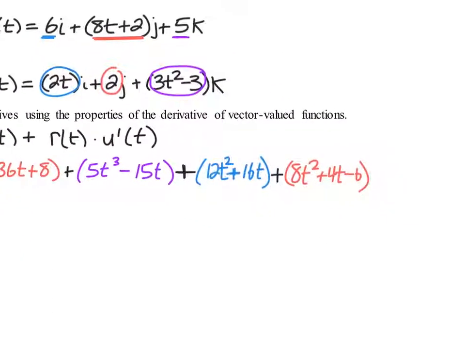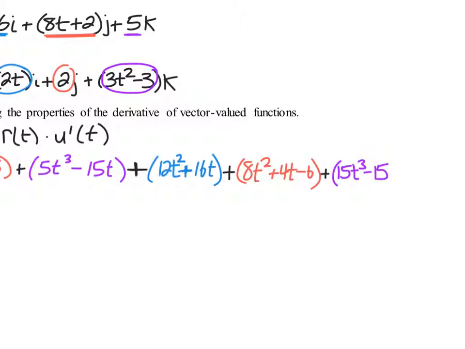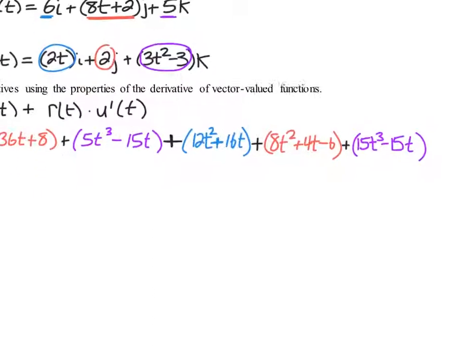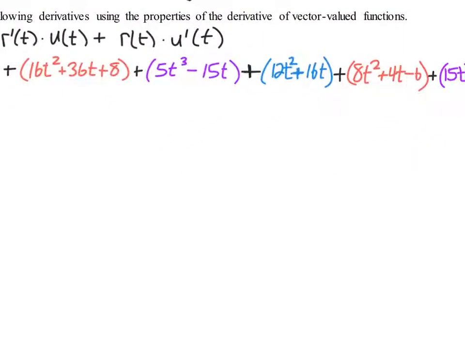We're just taking 5t and multiplying it by 3t squared minus 3. All right, so 15t cubed minus 15t. Oof, combine like terms, yeah.